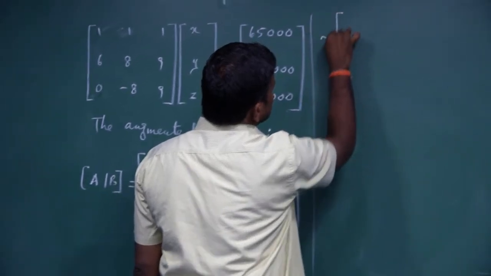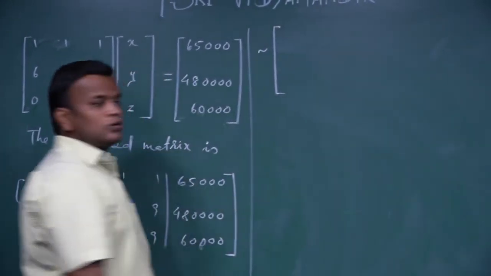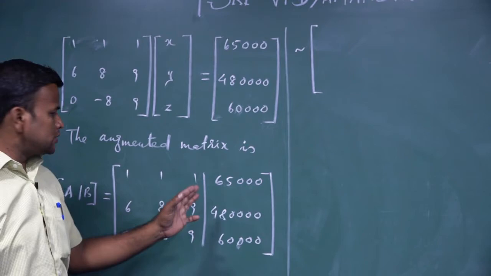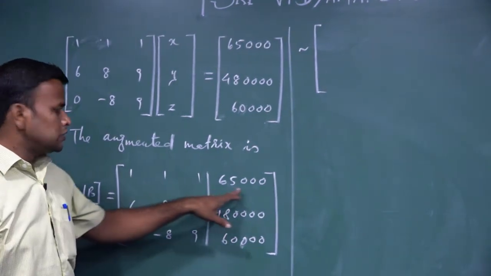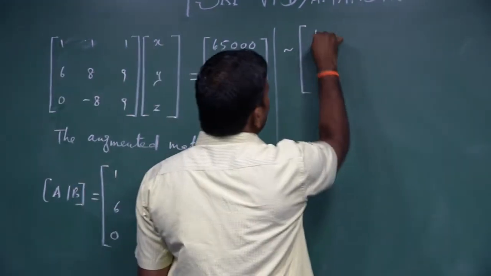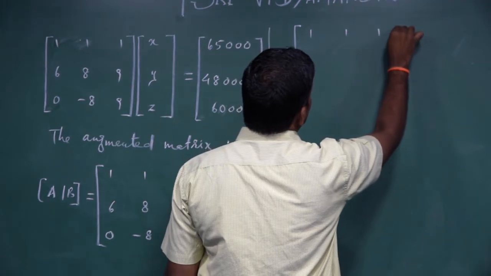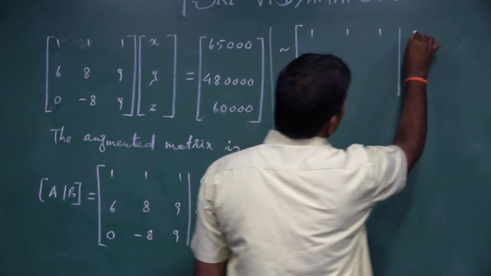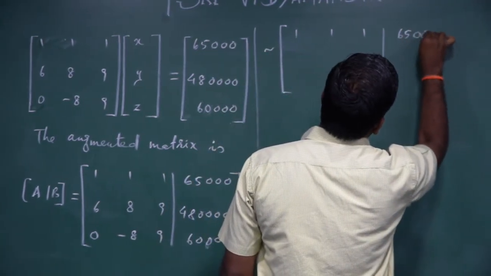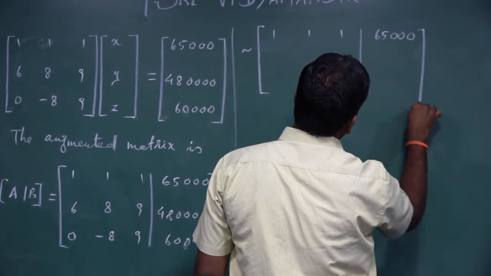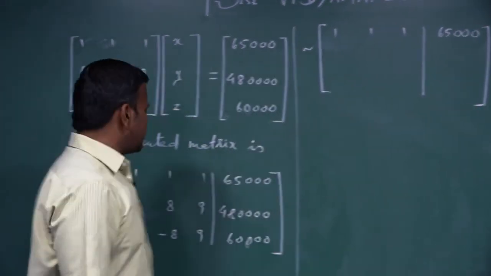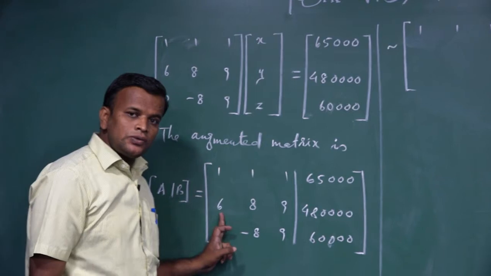In the first row there is no change, so we write the first row as it is: 1, 1, 1, 65,000. Our motive is to make that element become 0.